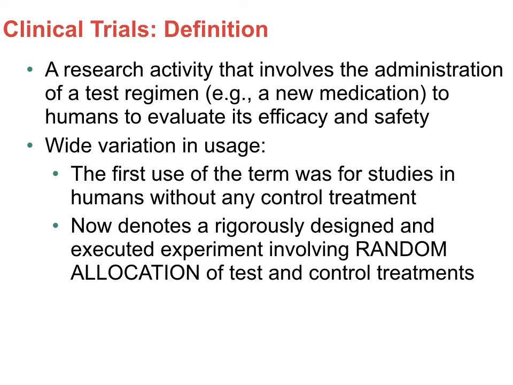The first use was for human subjects without any type of control treatment. But now it more so refers to the random allocation of test and control treatment. So in science, or any field, it's lessons learned over time. You understand how altering the design can impact your results or your interpretation of those results.